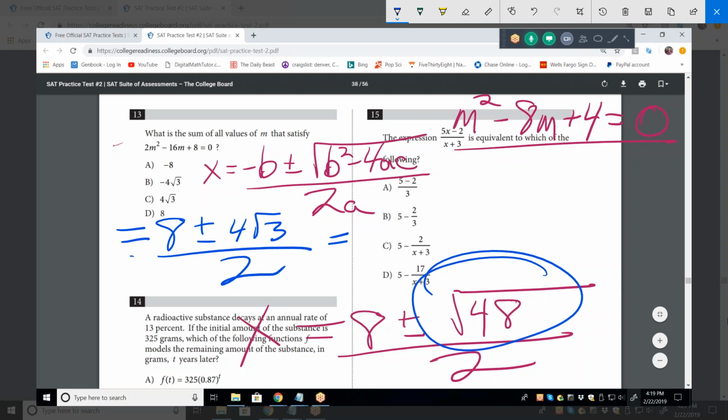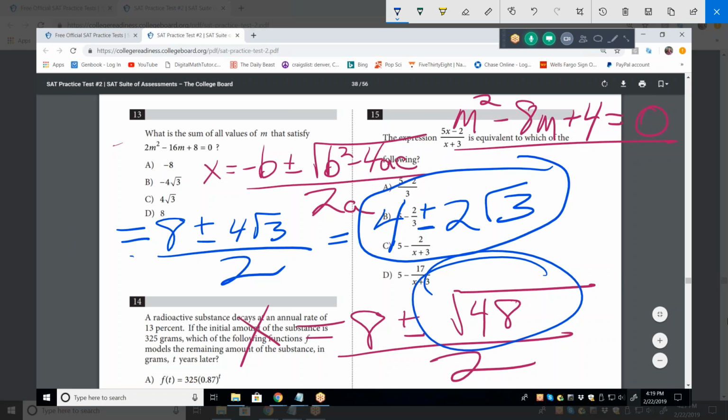Notice you can divide top and bottom by 2. Yes, so then that would give you... I don't know if I did this correctly, but I think... So when I did that, I got 4 plus or minus 2 root 3. Those are your 2 solutions.